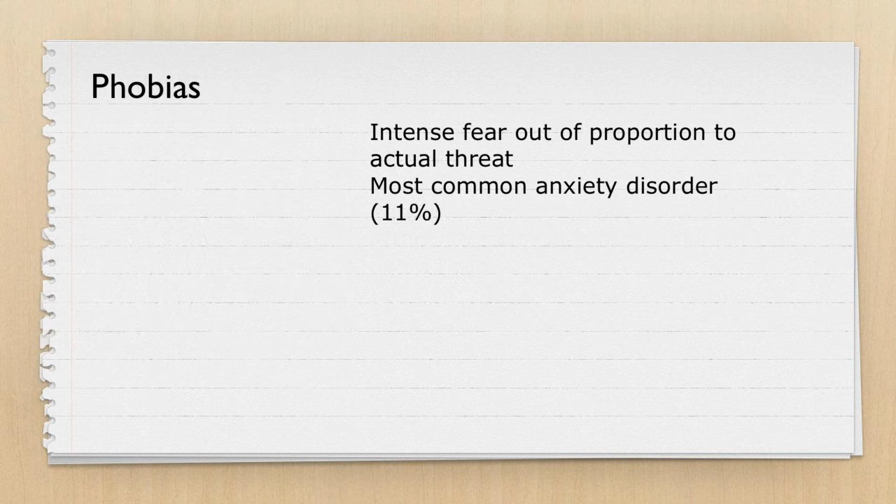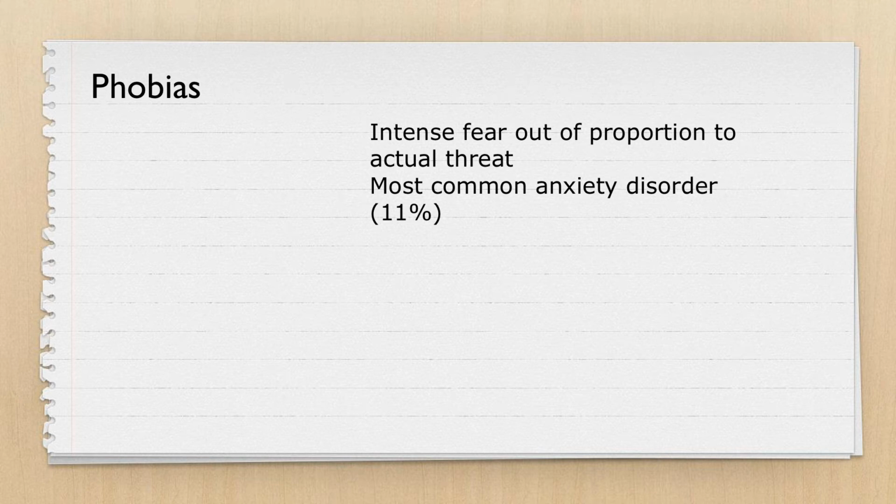Phobias can also be a psychological disorder. A phobia occurs when we experience a thought of intense fear that is disproportionate to the actual threat. So, for instance, if you have serious acrophobia, fear of heights, and you take a few steps up a ladder and panic, the amount of danger you are in is much less than your fear leads you to believe.